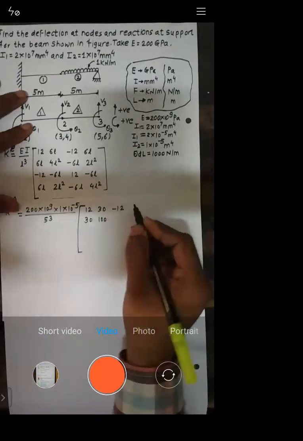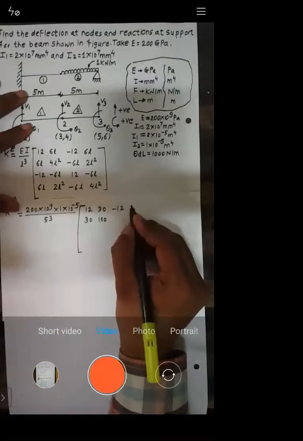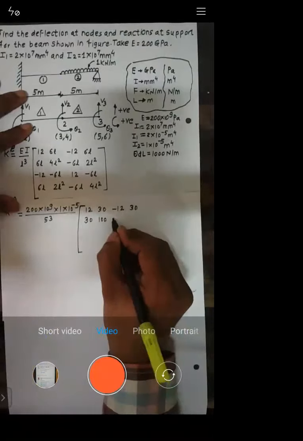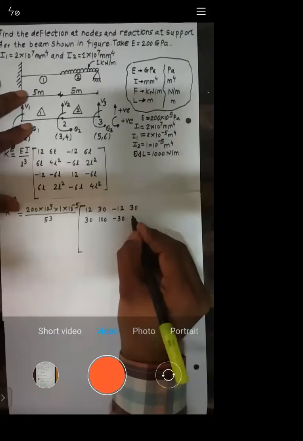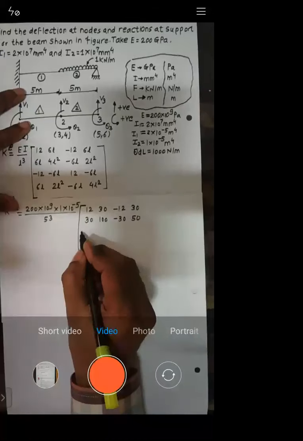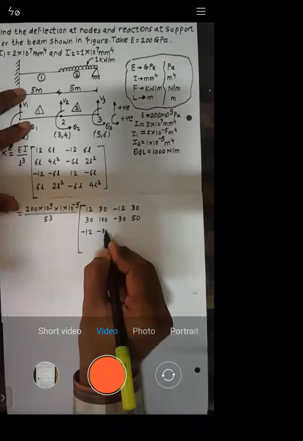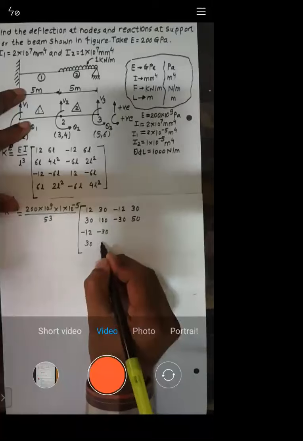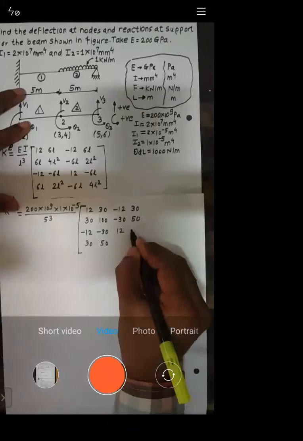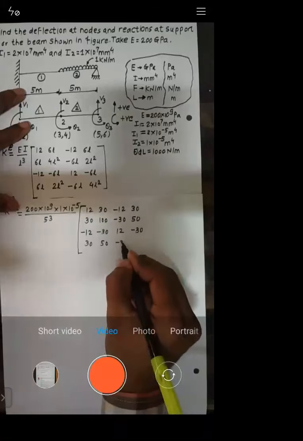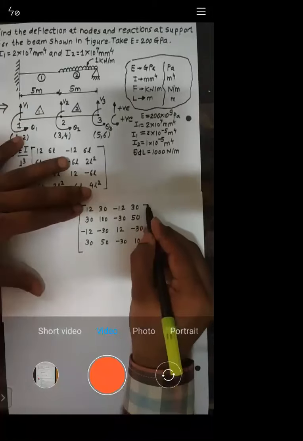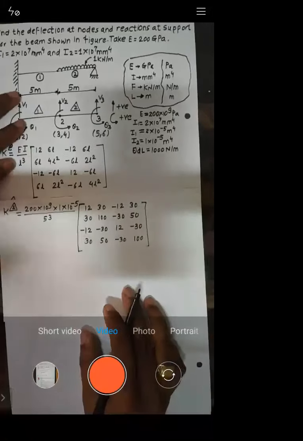Minus 12, then 30, then minus 30, here it is 50, right? Now I'll write down here again minus 12, minus 30, 30, 50, then 12, minus 30, minus 30, and 100. Is it okay? Yes, sir.